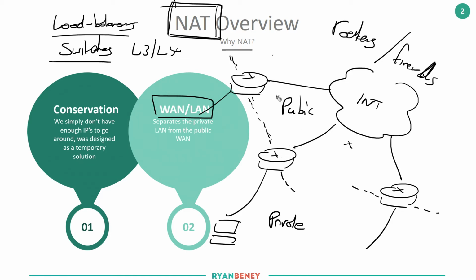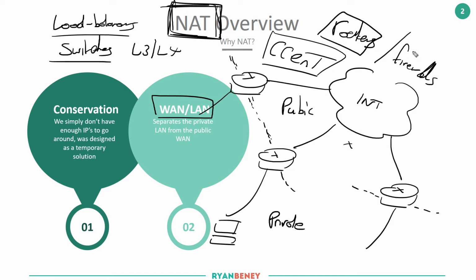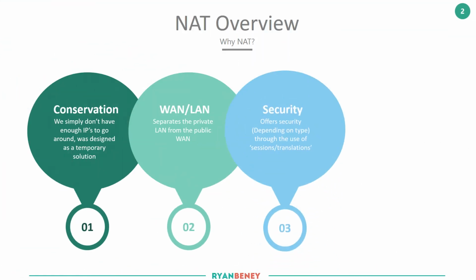Don't always expect it to be the same device in different networks, because it's not always the case. But normally at a CCENT level and at a CCENT job role, I would expect 90% of any devices performing NAT to be most likely routers as opposed to firewalls.